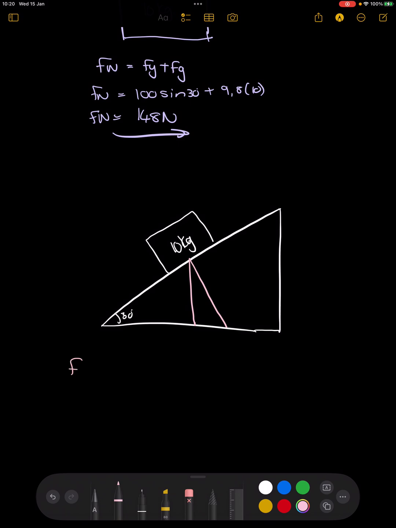You need to remember that your Fg is always your hypotenuse in trig. Alright, so you always remember that that's the hypotenuse of the triangle. Even though it doesn't look like it, it looks like it's pretty perpendicular, but we treat it as the hypotenuse. Okay, so this is going to be my Fg. And this is my Fy.